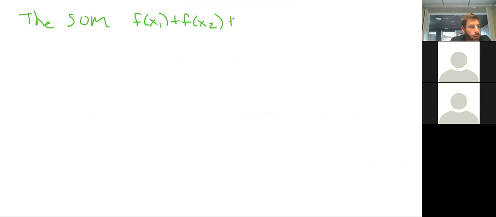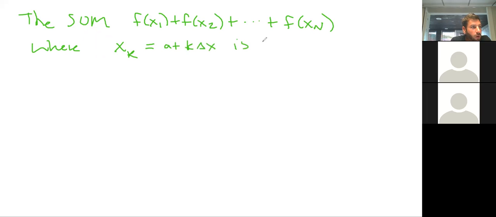So the sum f evaluated at x sub 1 plus f evaluated at x sub 2 plus this guy, where x sub k is equal to a plus k times delta x, is called a right Riemann sum.